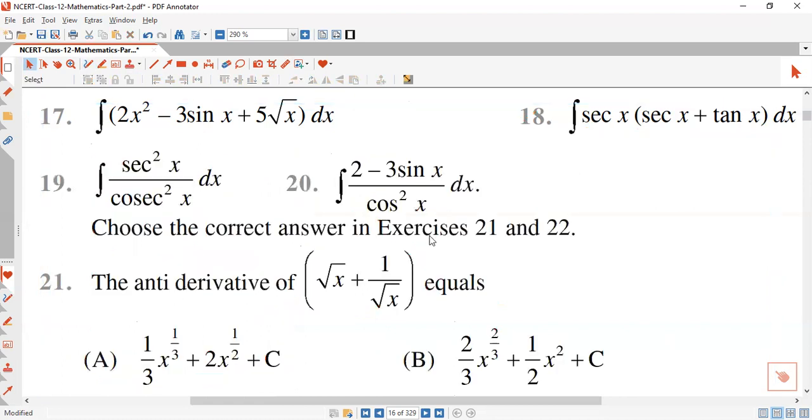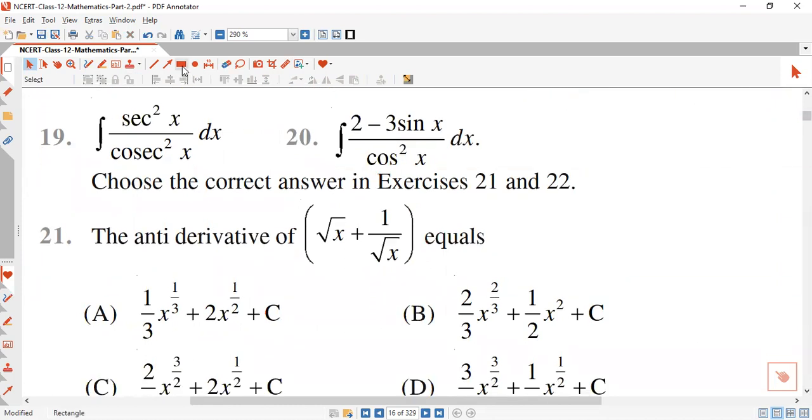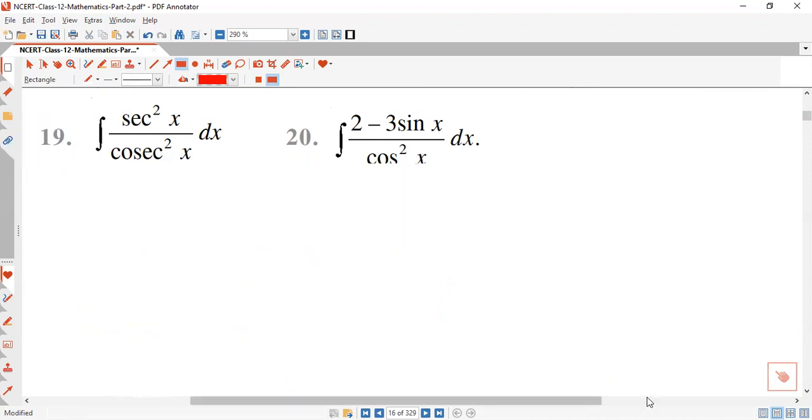Now, after 18, we do question number 19. You see this question number 19. Trigonometric functions are given: sec square x upon cosec square x dx. We want to remove the denominators first. This sec square x is there, this cosec square x is there. So I would like to convert these terms into sine and cos.